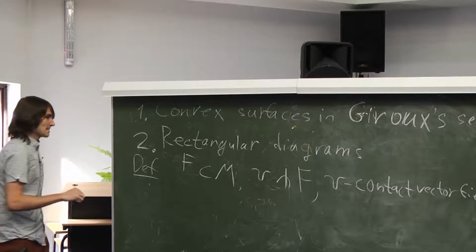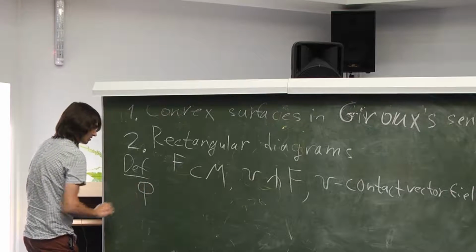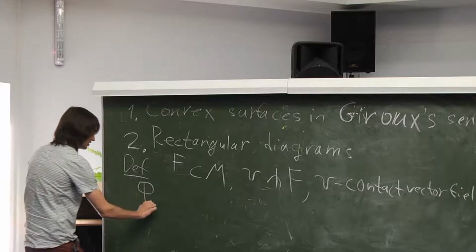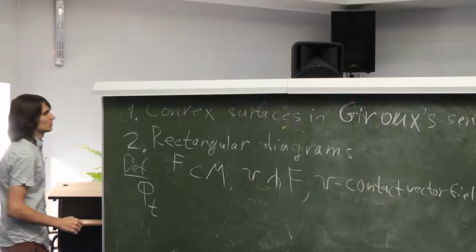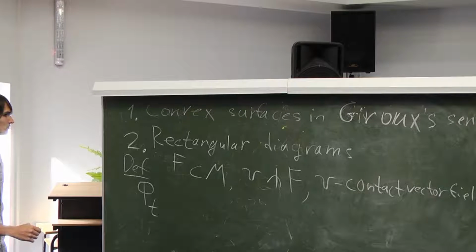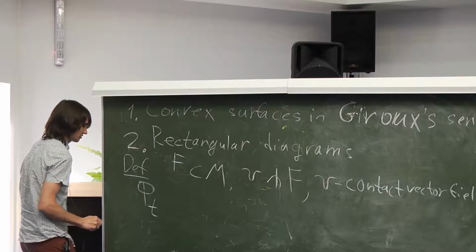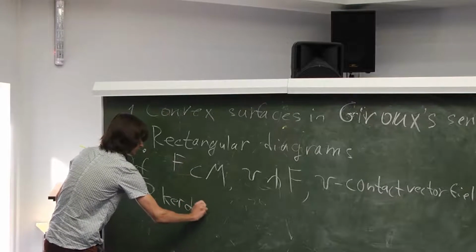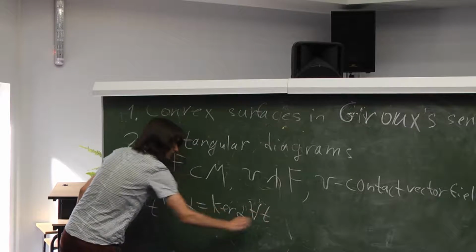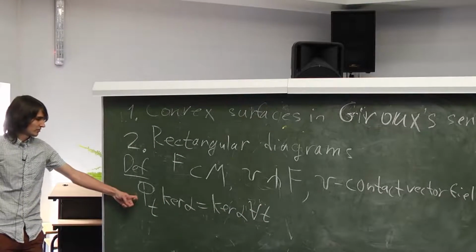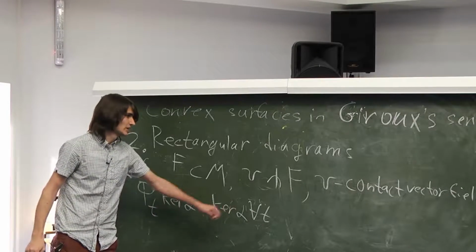That means that the flow of this vector field preserves the contact structure. Say my form is alpha, and I denote by phi t the flow of vector field V. So this holds.